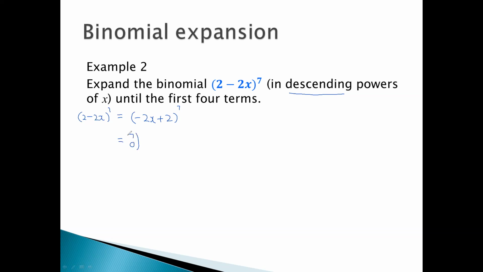7 choose 0, negative 2x, 2. Again, 0 goes up to the power of the second term, and 7 minus 0 is 7.